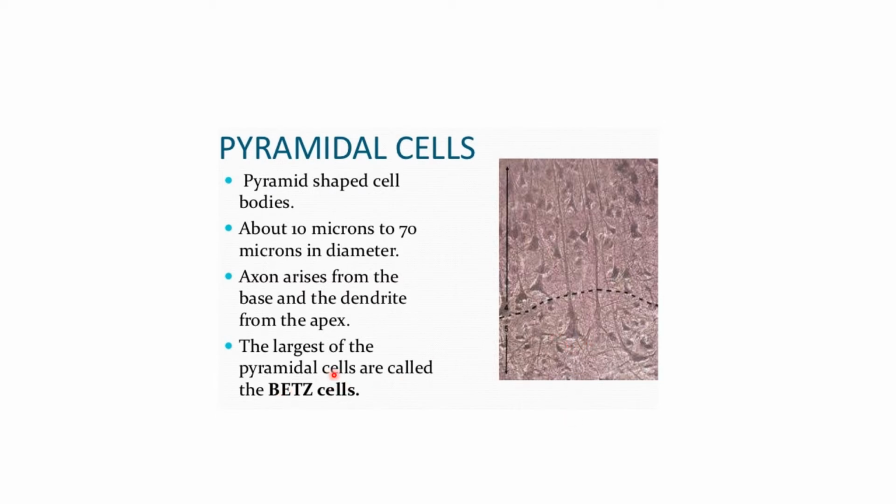The largest of these pyramidal cells are present in the motor cortex. Now you are familiar with the motor cortex, that is area 4 and 6. So we have a ganglionic layer where the large pyramidal cells are called the cells of Betz.